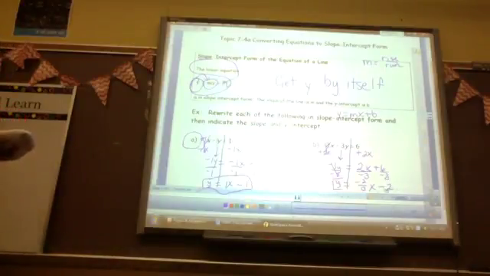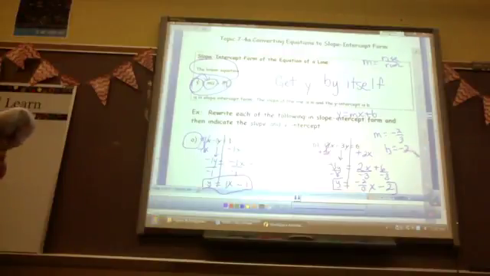Now do I have it in slope-intercept form? Yes. Y is by itself. I have a number multiplied by x. That's my slope, -2/3. And the other number by itself, -2, is my y-intercept. It's my beginning point.